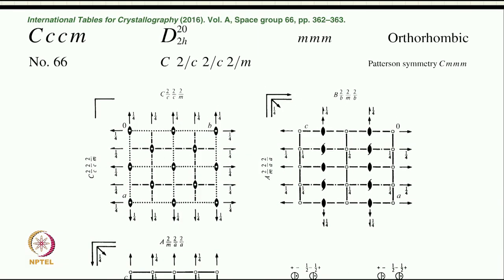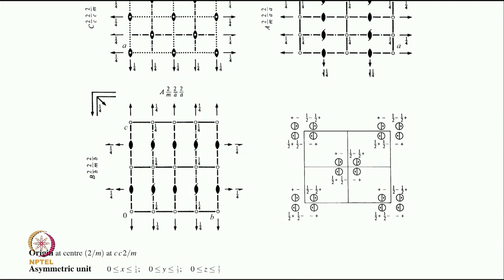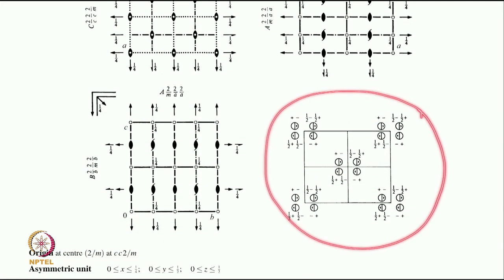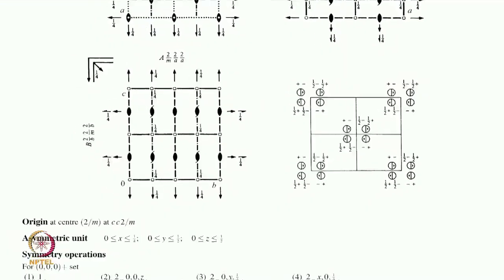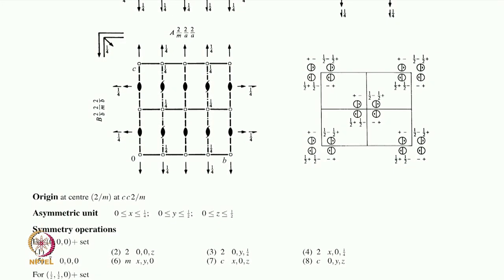We looked at the header information, then we looked at the symmetry element diagram, the general positions diagram, and we looked at origin. So, the next item is this asymmetric unit. So, let us look at this asymmetric unit.